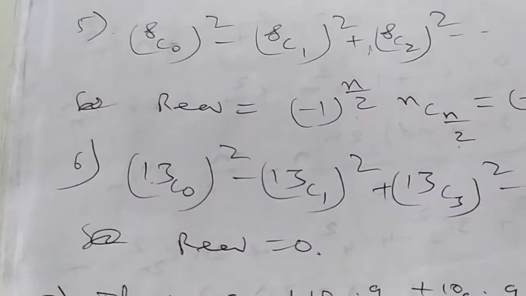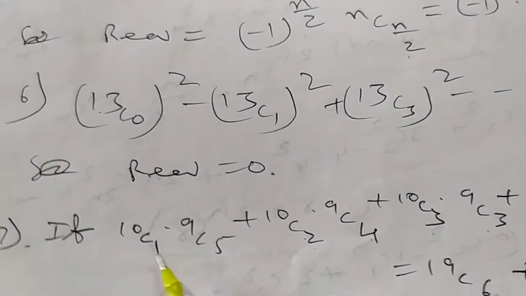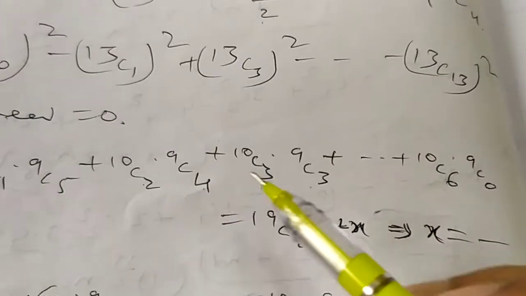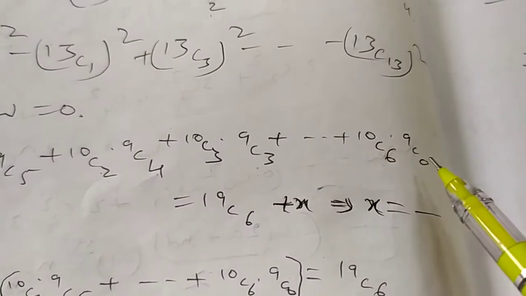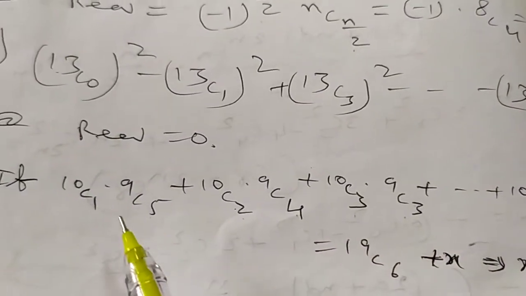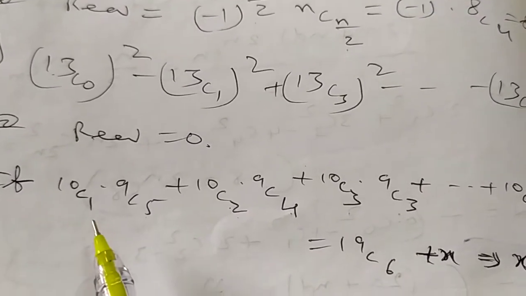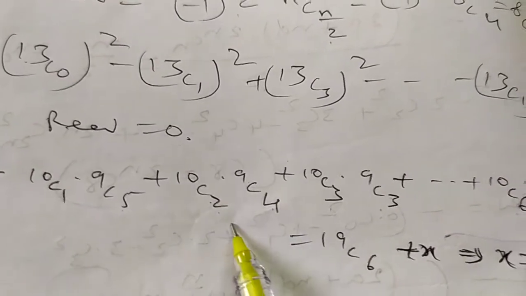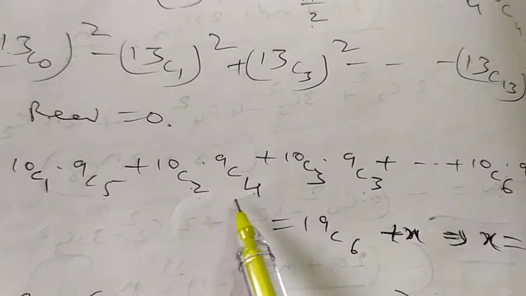See here, same seventh one, 10C1 into 9C5 plus 10C2 into 9C4 plus 10C3 into 9C3 plus and so on. So here the first term is missing. What is the first term? By observing the suffix values in each term, the sum of the suffix values is 6: 1 plus 5 is 6, 2 plus 4 is 6, 3 plus 3 is 6 and so on.